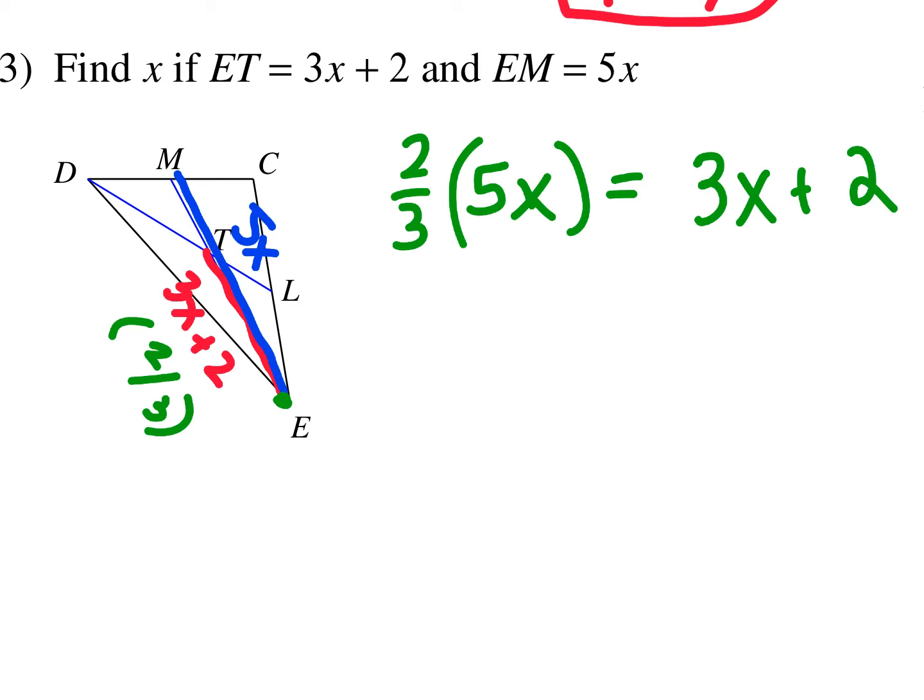Okay, so if I do my distribution first, 5 times 2/3 is going to be 10/3. So it's going to stay a fraction for now.